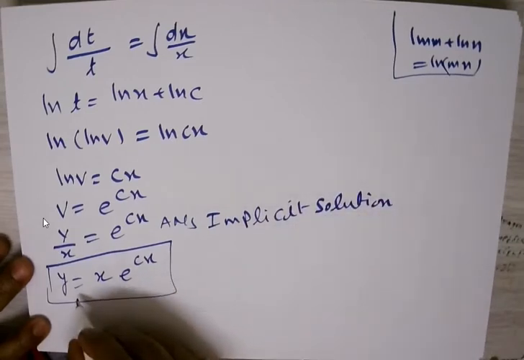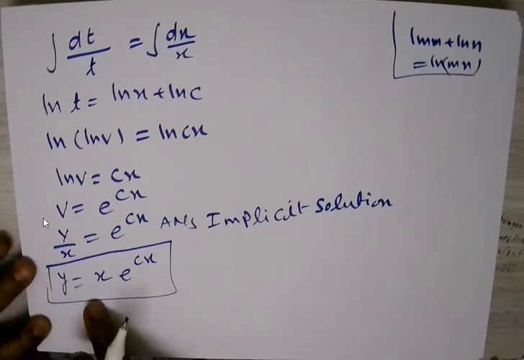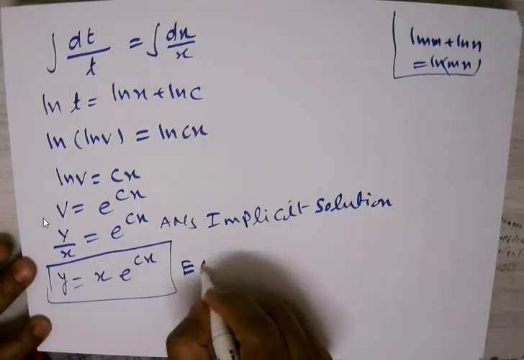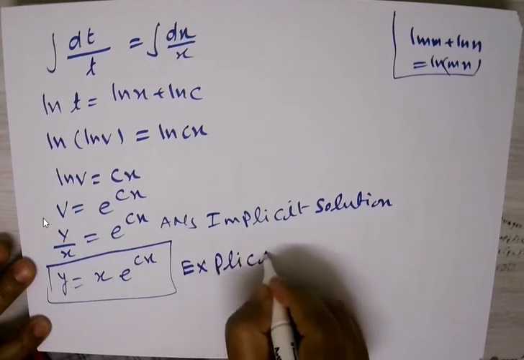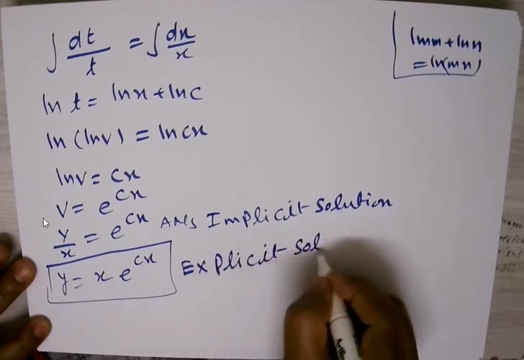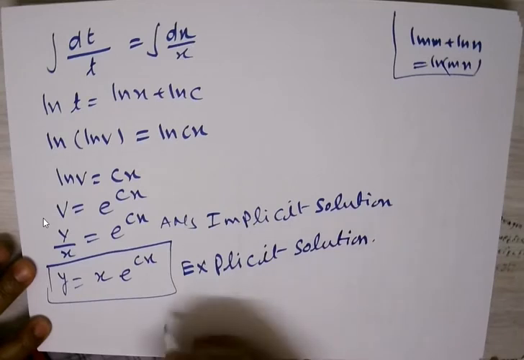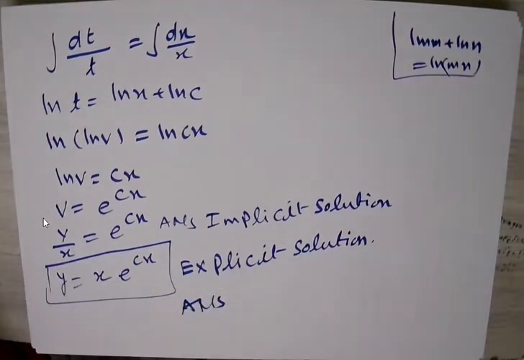But if you write the complete result in terms of y only, then it is called an explicit solution. This is the answer of that question.